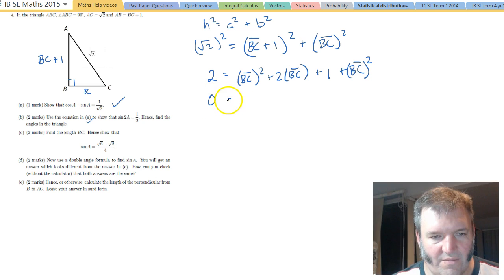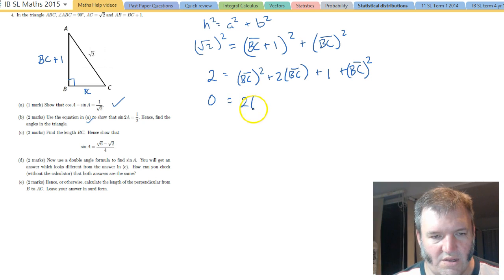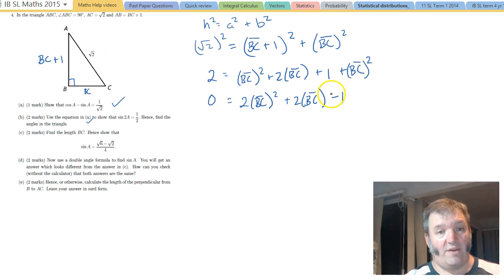So I'm going to get rid of the 2 from that side. I've got a BC squared plus another BC squared, so that makes it 2 BC squared plus 2 times BC. Here I have the plus 1, but remember I'm subtracting 2 from each side, so it's going to be minus 1. We've got that far.